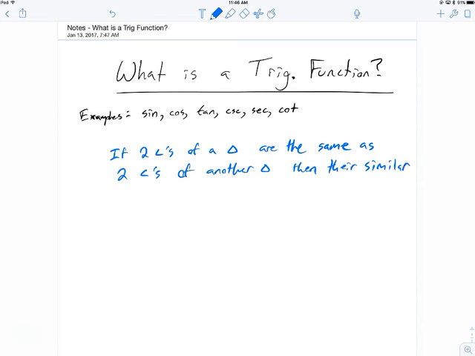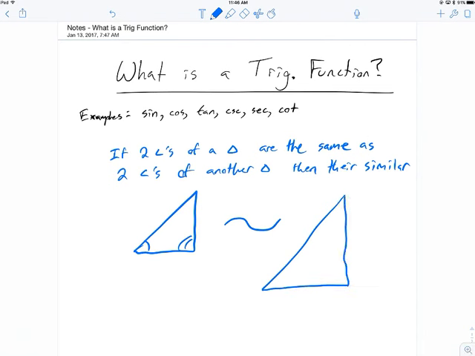What that means is if we have a triangle here where two angles are the same as another triangle, we use this to show that they're similar, and that means there's some common scale factor where every single side is some multiple of the other.